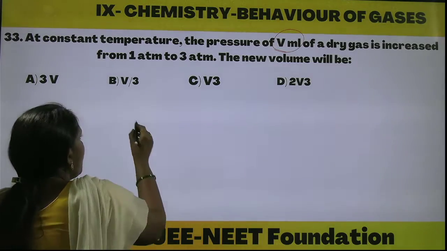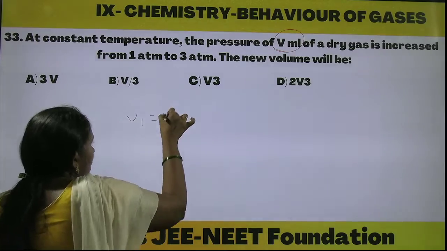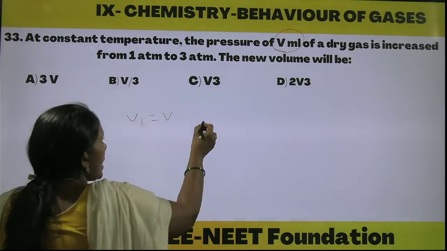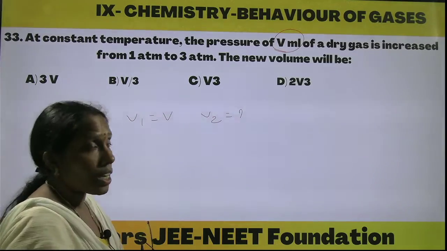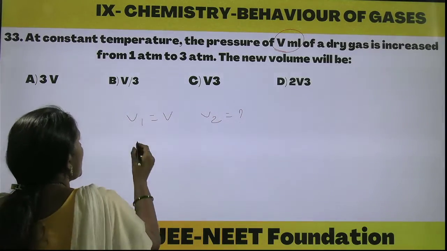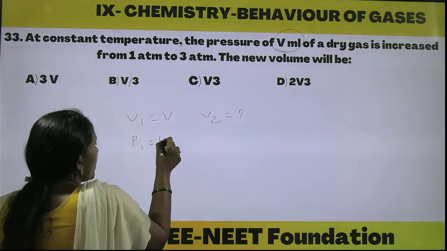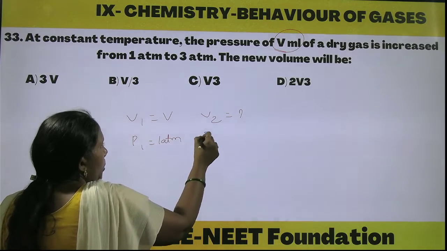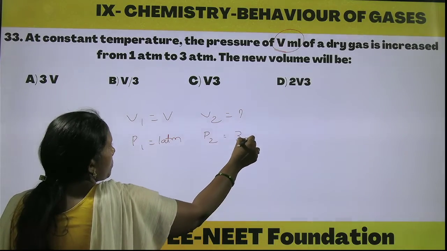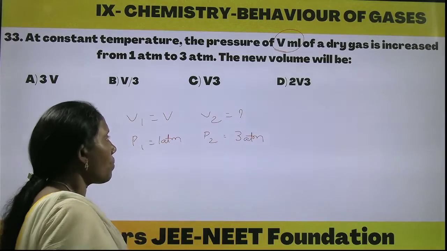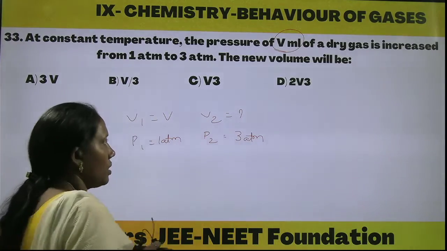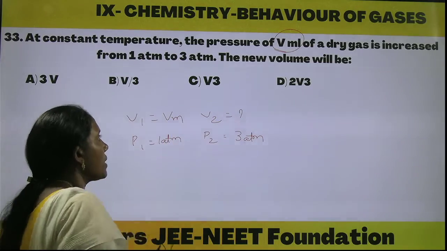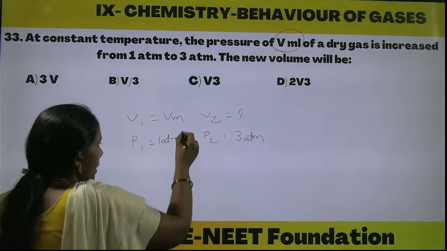So he gave V1 equal to V and is asking to calculate V2, but he gave information about the pressures. P1 is 1 atmosphere, P2 will be 3 atmospheres. At 1 atmosphere the volume is V mL; at 3 atmospheres, what is the volume?